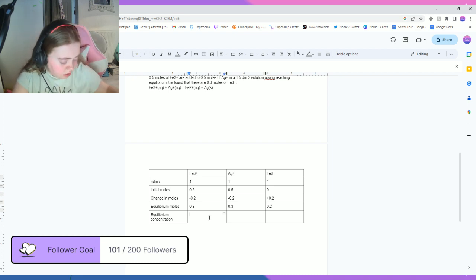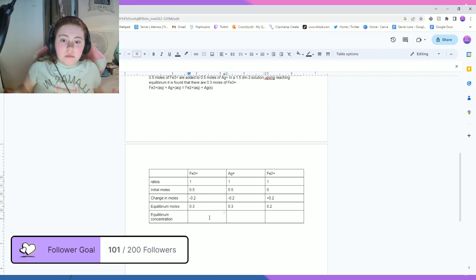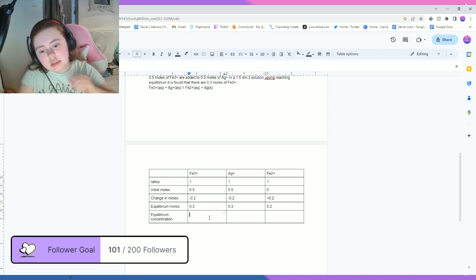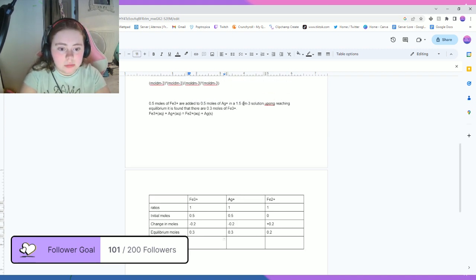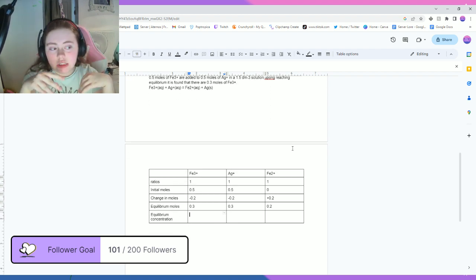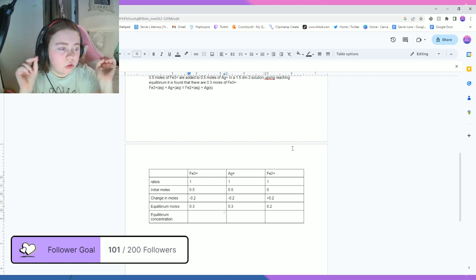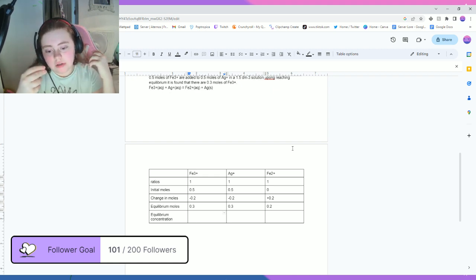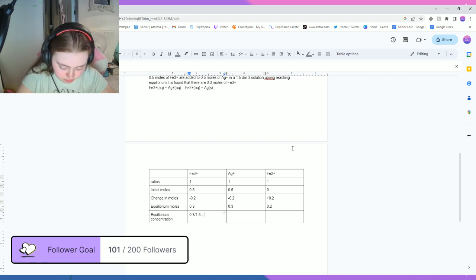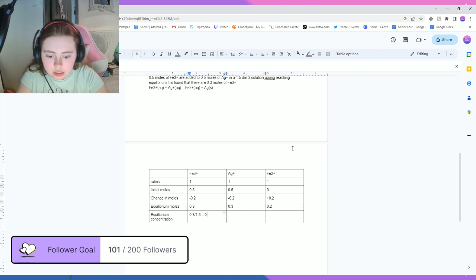Now we need to use the MCV concentration calculation, moles equals concentration times volume. We have the volume here, which is 1.5. So just a little bit of rearranging: concentration equals moles divided by the volume. So 0.3 divided by 1.5 equals 0.2.